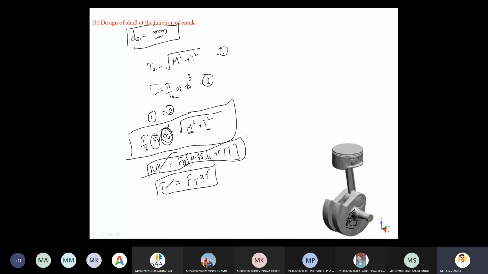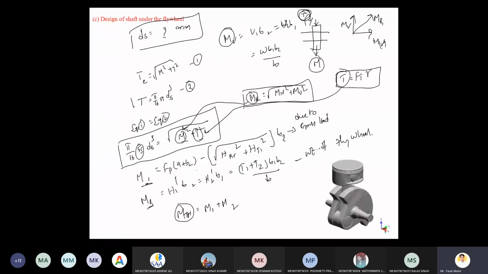In the previous case, what was the bending moment equation? Fq into 0.75 into Lc plus 0.5 into t, and the torque equation is Ft into R. So the torque equation is the same, but the bending moment equation is changed here: horizontal plus vertical.